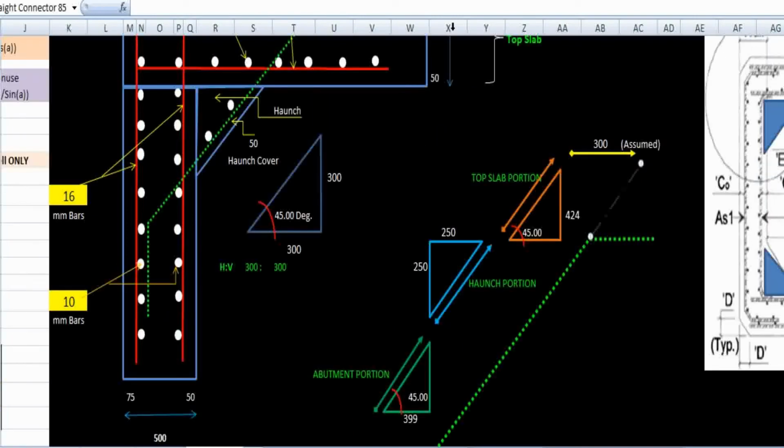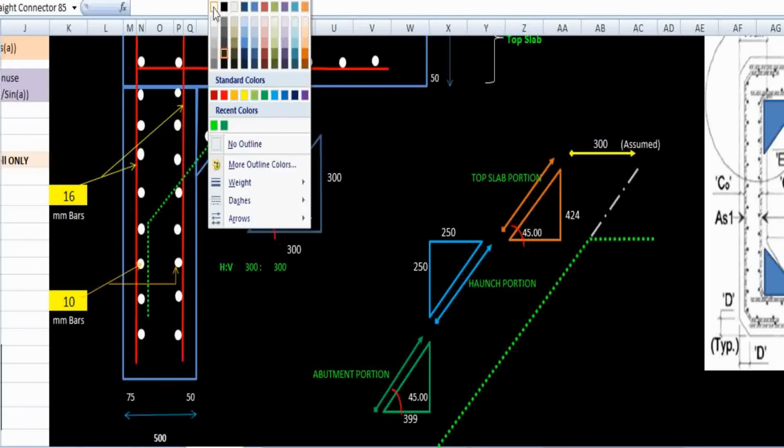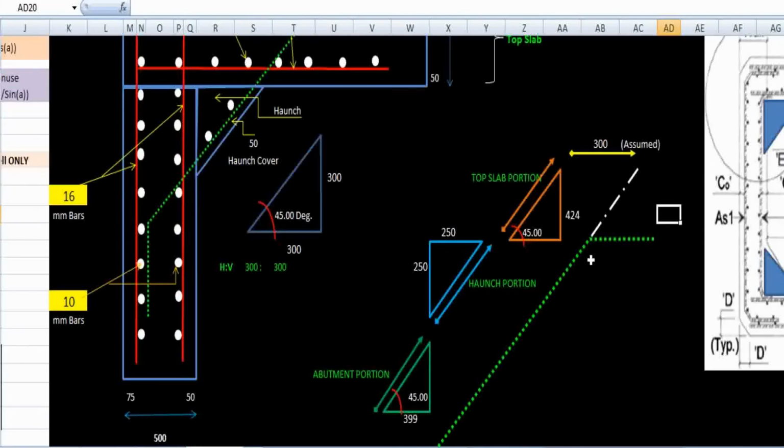Suppose this bar is actually in a straight shape, but we have to place it like this. So some bending is occurring. Due to that bending, elongation of this bar can take place, and that elongation of this part we have to deduct. Suppose it is a right angle triangle, and this angle we can assume as 45 degrees.